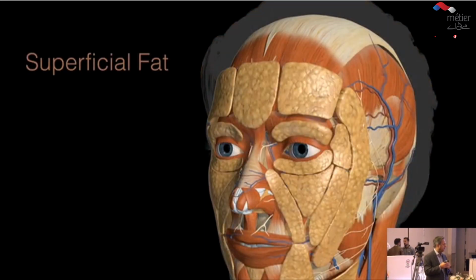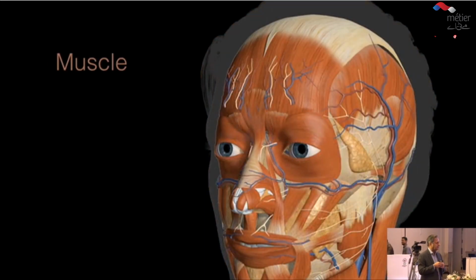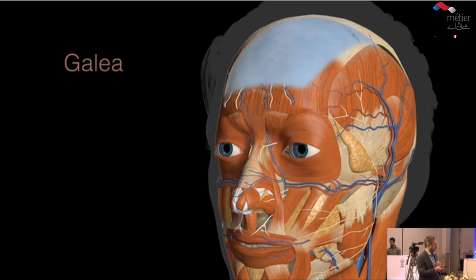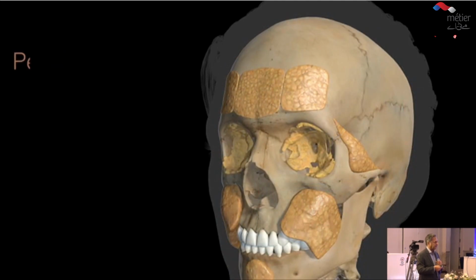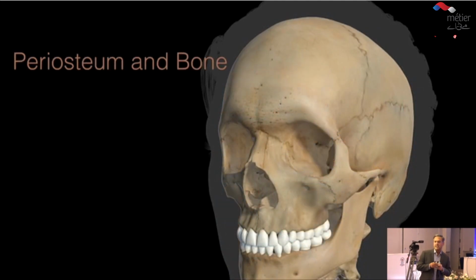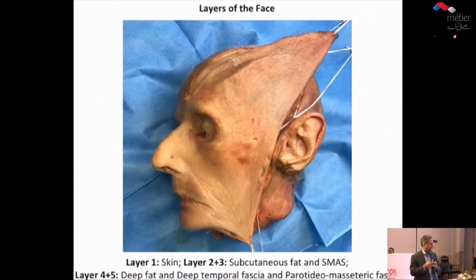Again, repetition: the superficial fat, the muscles, and in some areas a fibrous tissue, then the deep fat pads, and then the periosteum. These are the 5 layers, and they are affected to various extents by the aging process. The changes that occur during aging are important in order to select the appropriate remedy.